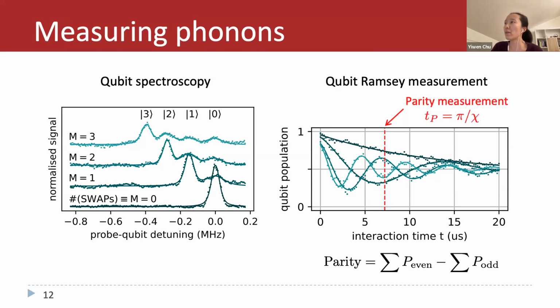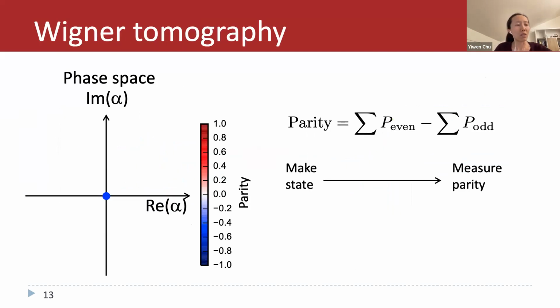Now if you can measure the parity, you can do something very useful with it, which is to use it to measure the Wigner quasi-probability distribution of your quantum state. Very quickly, what that means is the following. If you look at the phase space of your harmonic oscillator, here are the real and imaginary parts of some complex amplitude alpha, or you can think of it as the position and momentum axes of your phase space.